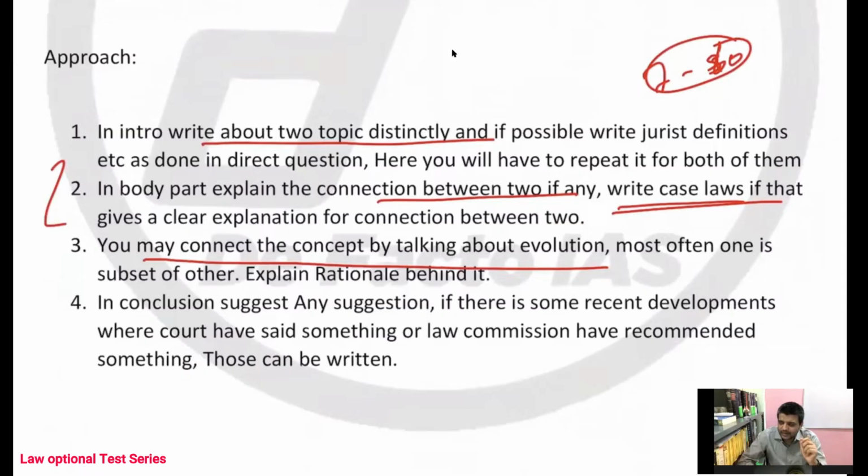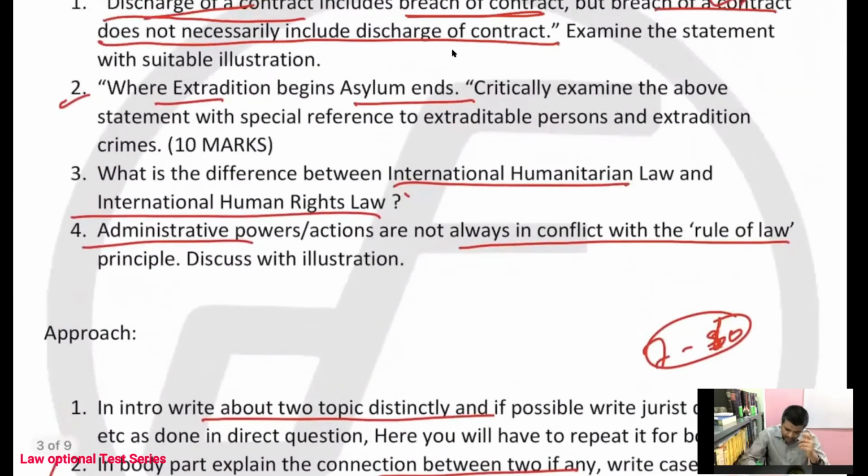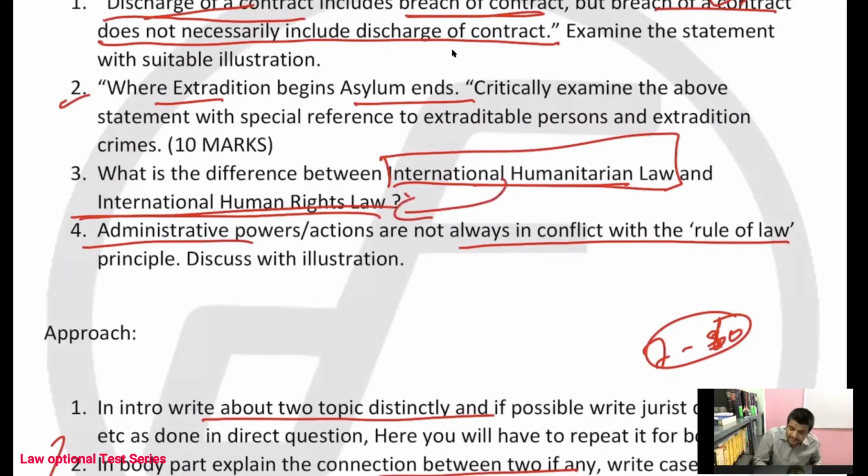It happens actually. Let us take an example. Suppose you talk about international humanitarian law and international human rights law. You must be knowing that international humanitarian law is of ancient origin. Later, after the coming of the UN, it was felt that group rights might not be as relevant as individual rights, so some of them were carved out as international human rights law.